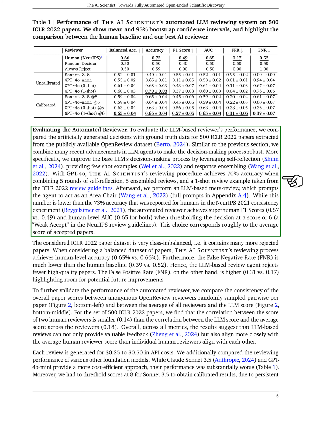To assess the performance of our LLM reviewer, we compared its decisions against actual review data from 500 papers from the ICLR 2022 conference. We enhanced the decision-making process by incorporating self-reflection, providing examples, and combining multiple reviews.